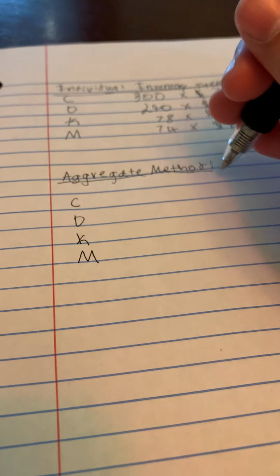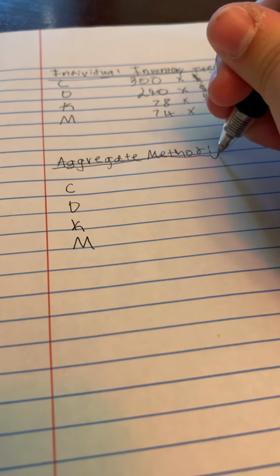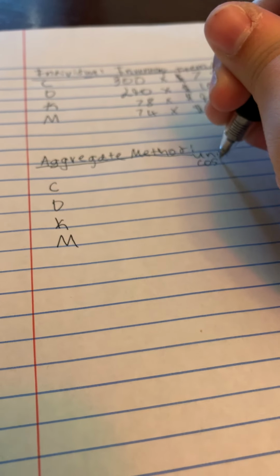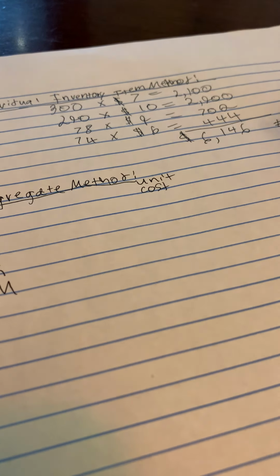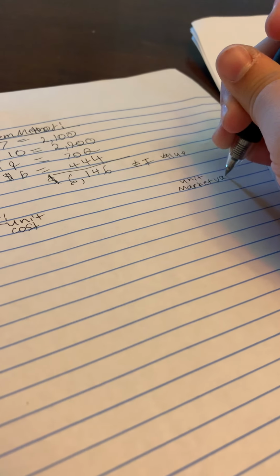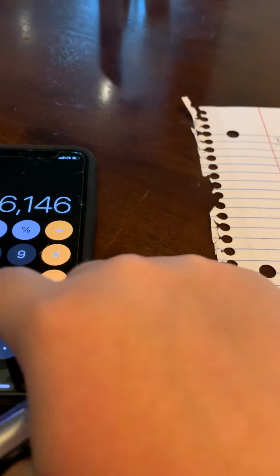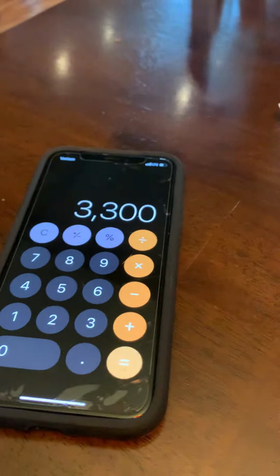So we're going to have C, D, K, and M. We're going to have the unit cost, and then unit market value. So for C, again, we have 300 times, now the unit cost is $11. So we're going to multiply that by 11, which is 3,300.